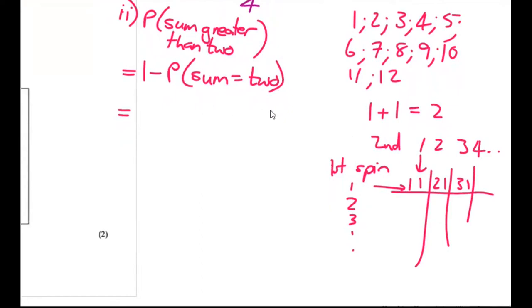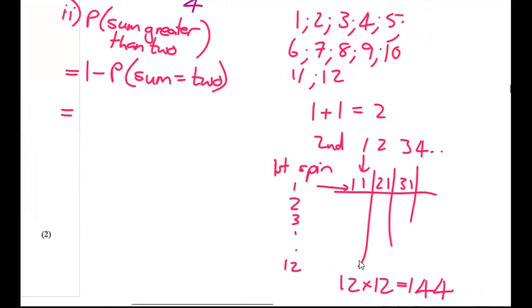Because there's 12 going down and 12 going across, that means 12 times 12 is 144. And it's 12 times 12 because for each of the 12 outcomes for the first spin, there's 12 outcomes from the second spin.